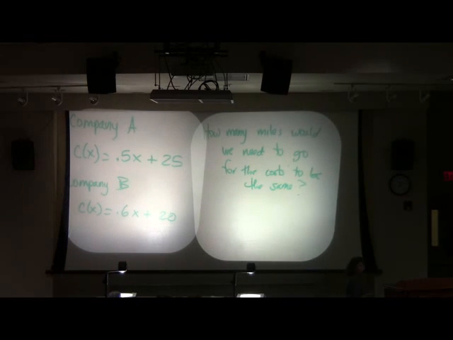In other words, where if I rent from company A or I rent from company B, it's going to cost me the same amount. Can we figure this out? How would we do this?